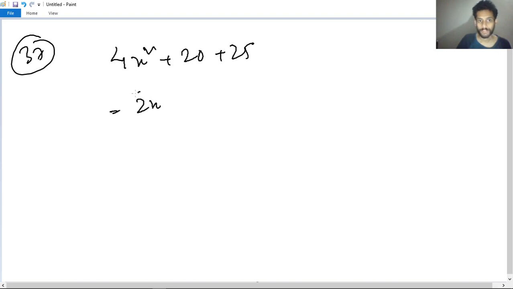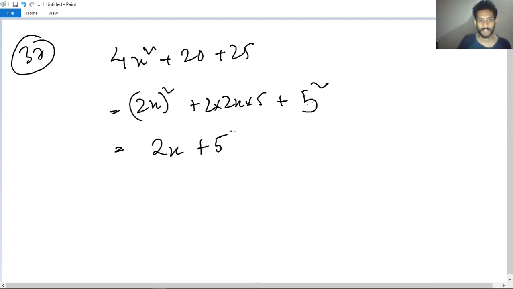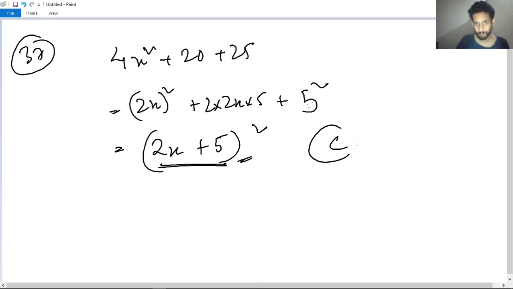This is 2x whole square, this is 5 square, so the middle part will be twice 2x into 5. So the square root will be 2x plus 5 whole square. Just see which option has 2x plus 5? Option number C again. Okay, these are MCQs.